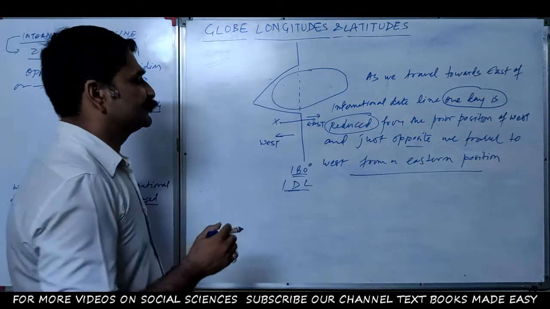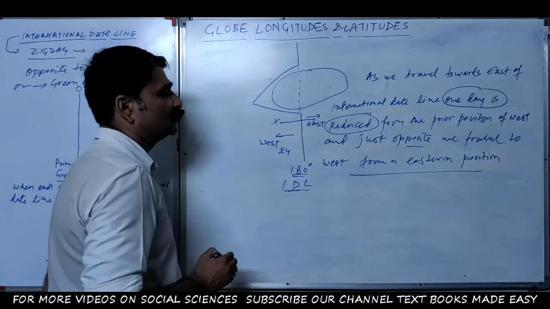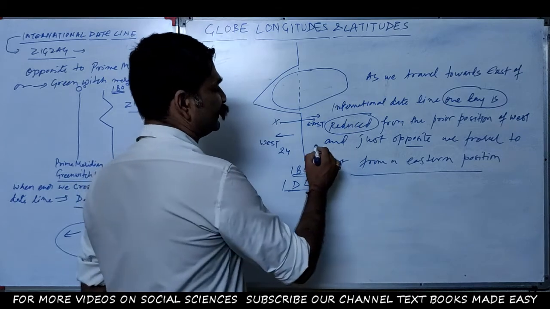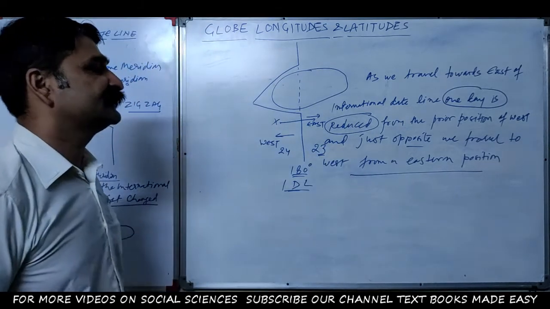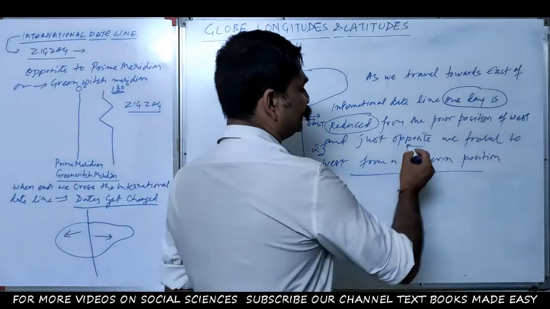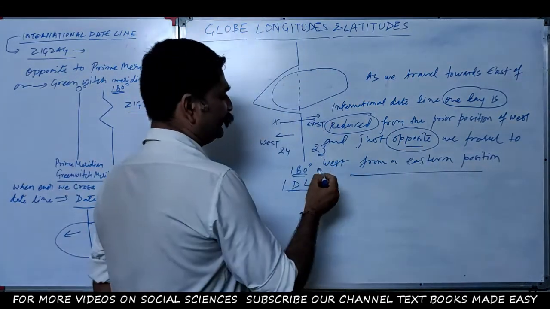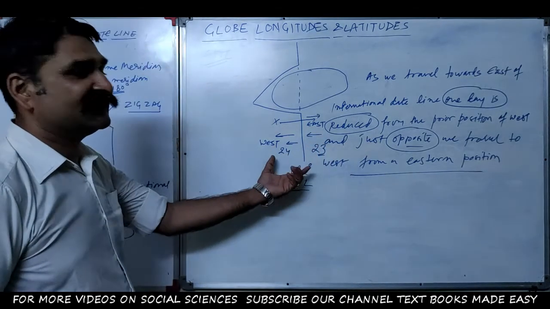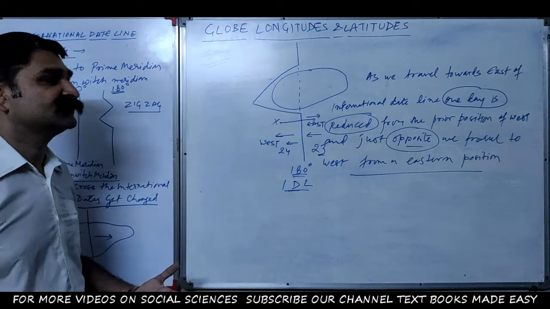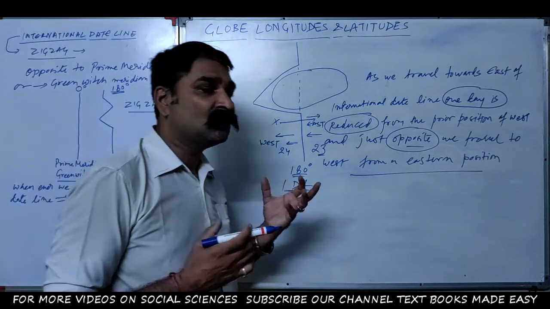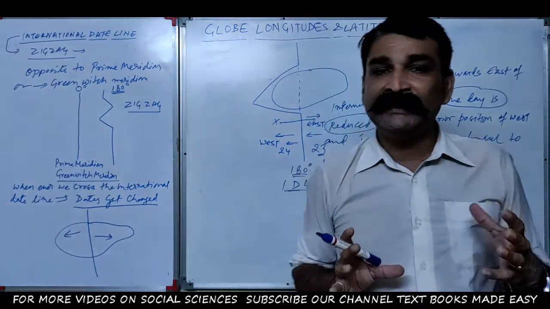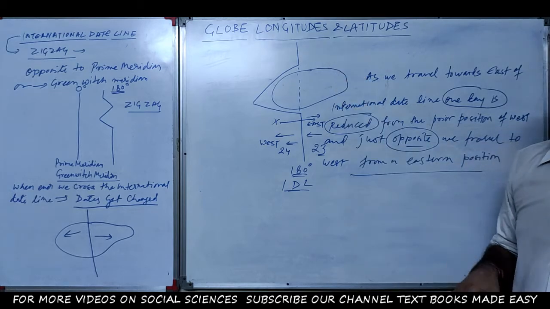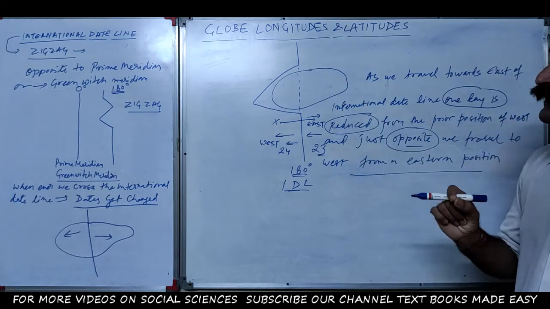Suppose the date is 24 and I travel to this place in the eastern portion, the date will be 23. Fine, and just opposite, if we move from here to here, then the date will increase. So this is how the dates are calculated when we travel and cross the international date line.